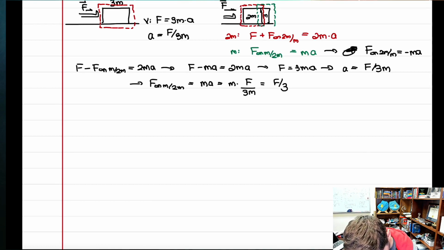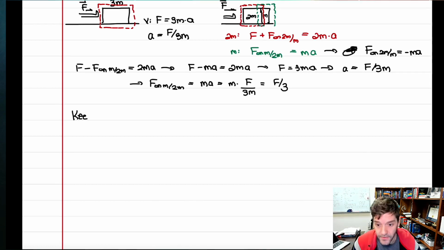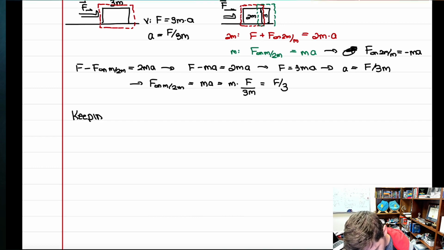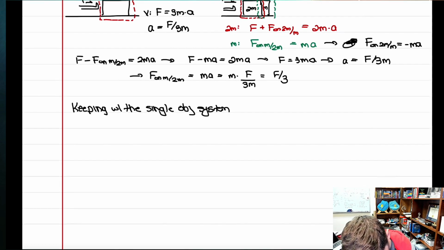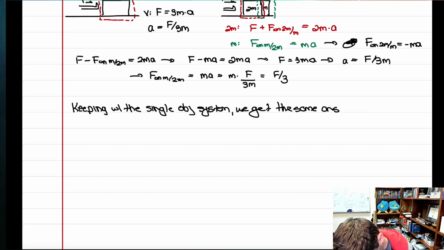So to commit that to words: notice that keeping with the single object system, we get the same answer as when we break the system up.